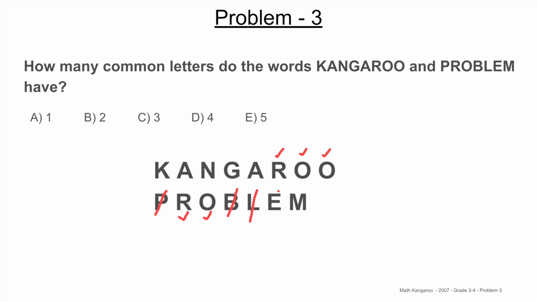Cross it out. E. No, not in kangaroo. M. Not in kangaroo either. So the common letters are R and O. That means our answer is option B. Great job. You're doing awesome. Keep it up. Now let's dive into problem 4.